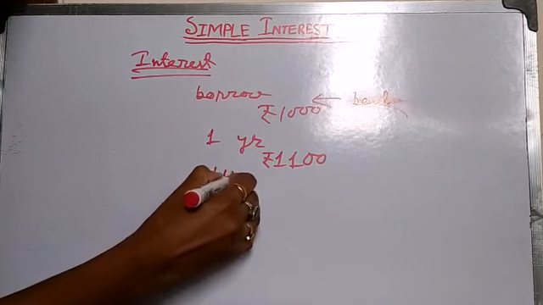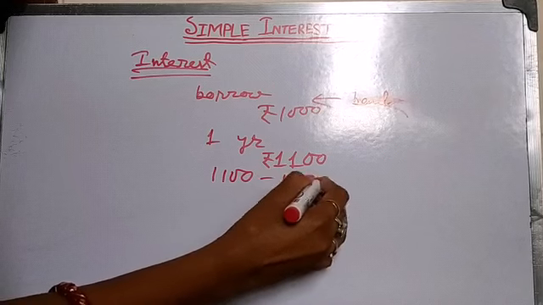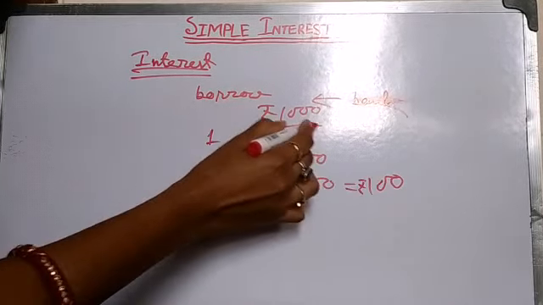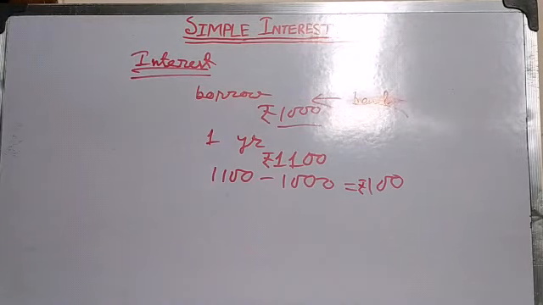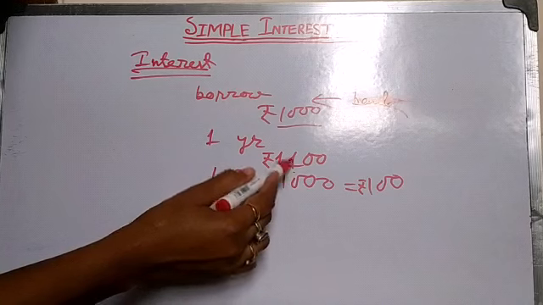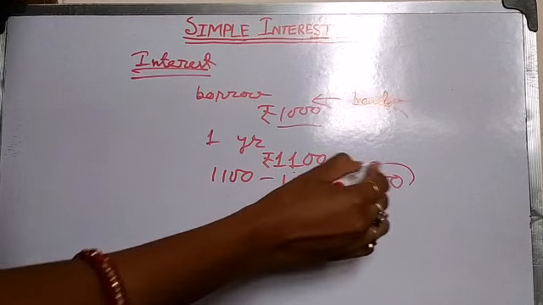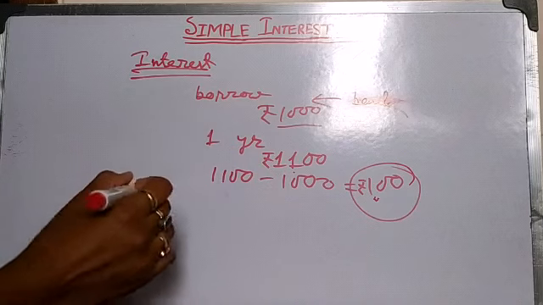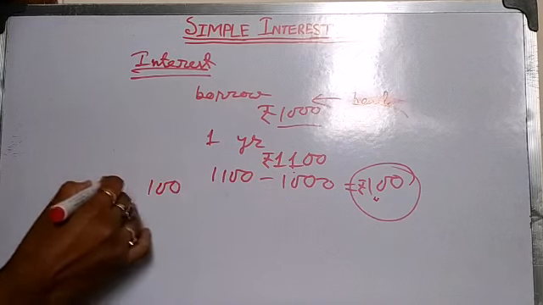So here what is the extra money? That is 100. Because I have taken 1000 rupees, and I have to return 1100 rupees. That means 100 rupees extra. So this is the interest I have to pay to the bank. 100 rupees is the interest.